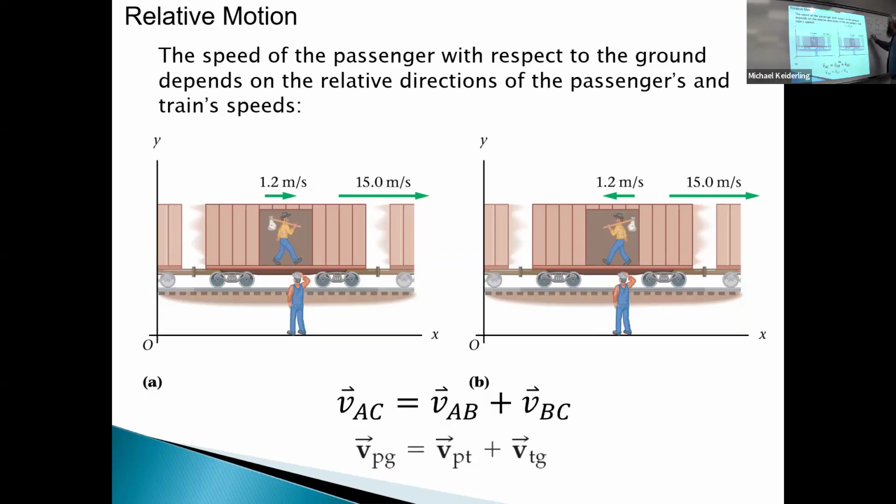So here, the velocity of the passenger with respect to the ground is the velocity of the passenger with respect to the train, negative 1.2 meters per second, plus 15 meters per second, which gives us a final velocity of 13.8 meters per second.